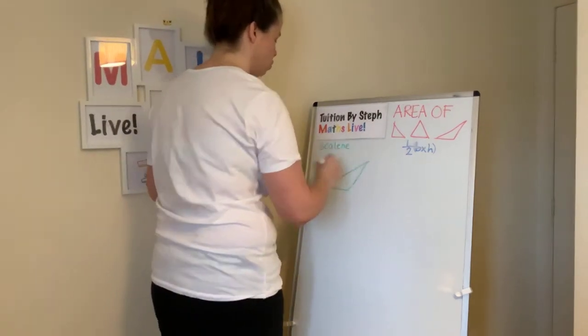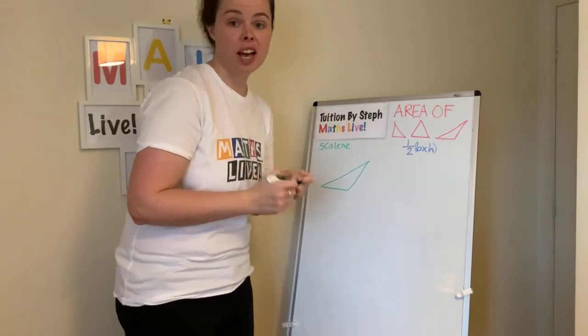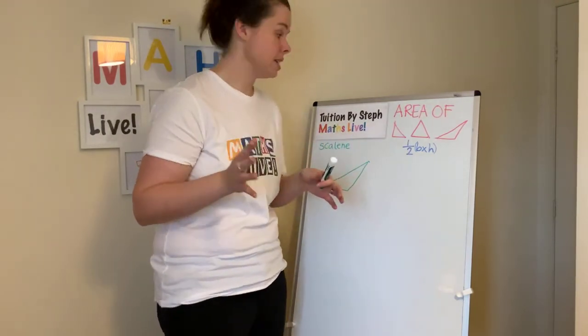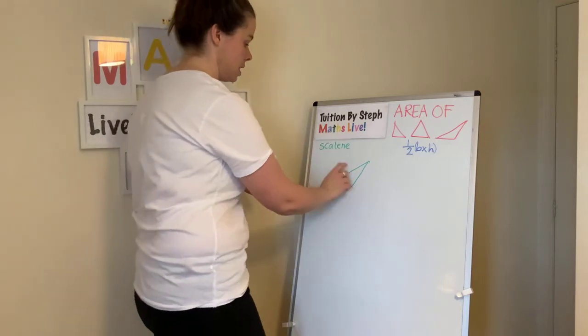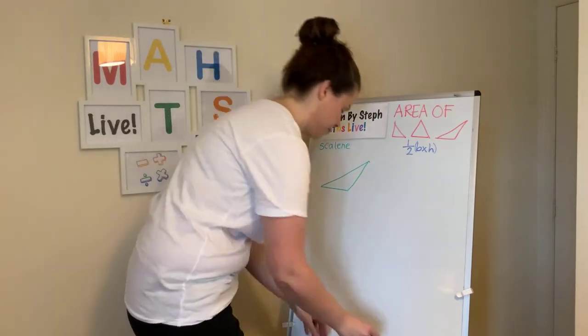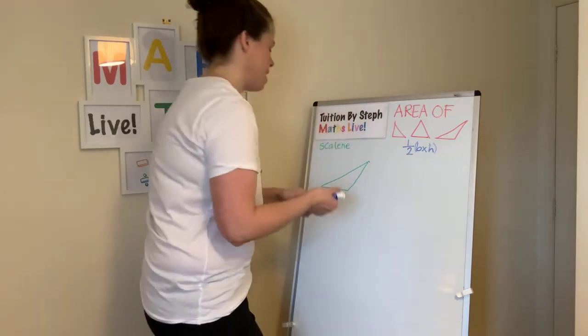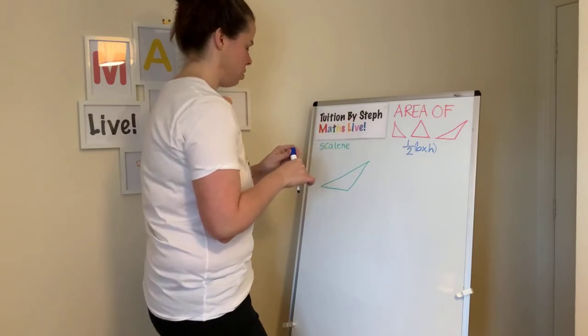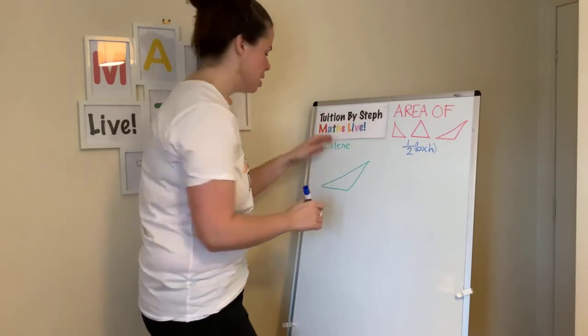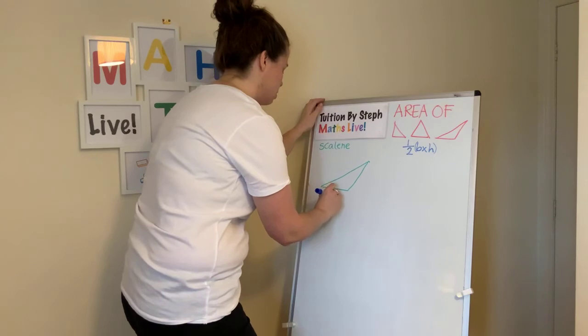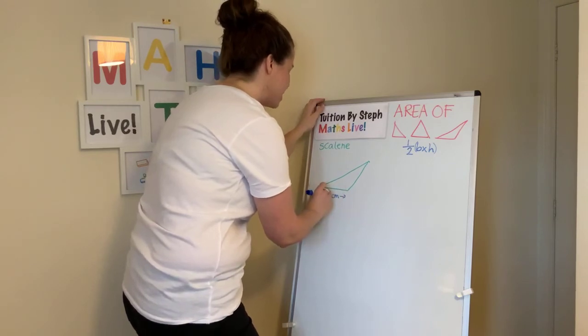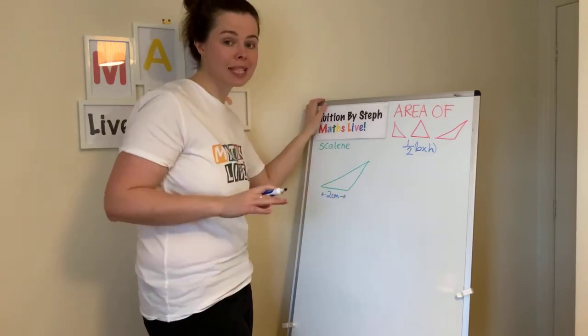And a scalene triangle is when none of the sides are the same length. There's no right angle. So these sides, this side, they're all different lengths. So if we're finding the area of a scalene triangle, we still use the base. So say if this is 2 centimetres, and then we still use the perpendicular height.